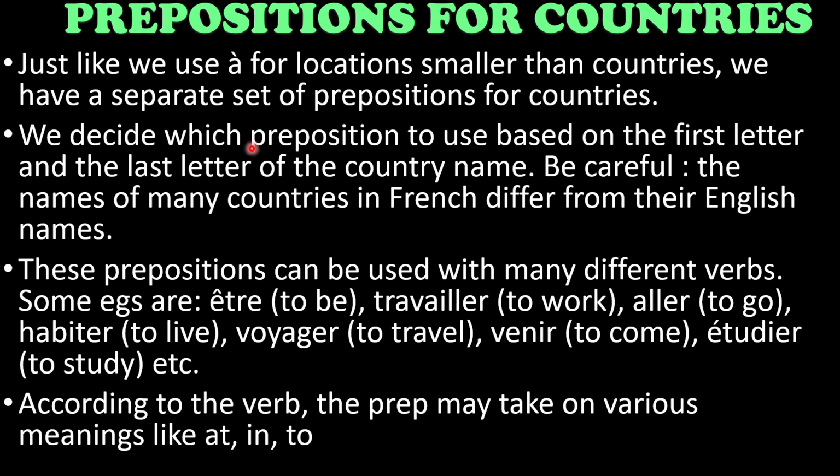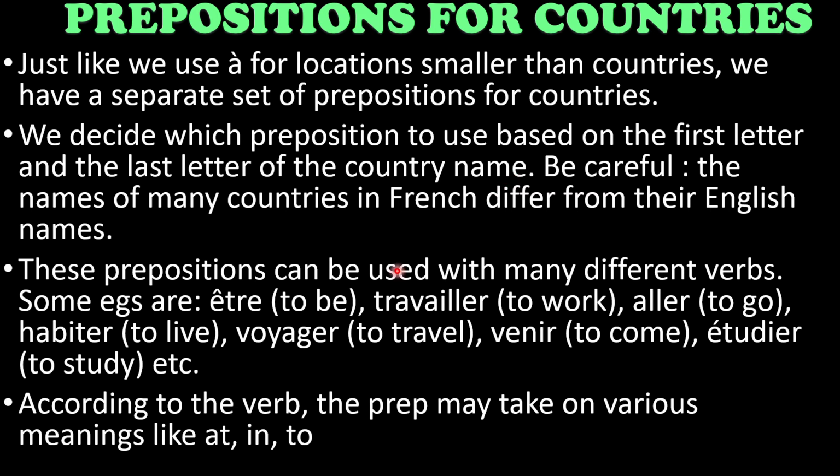Now, we decide which preposition we are using based on the first letter and the last letter of the name of the country. When I say name of the country, I'm referring to the French name of the country. This is an important point because many of the countries' names differ in English and in French. So you have to be aware of the French name and accordingly make your decision.